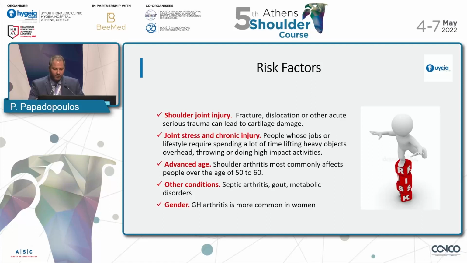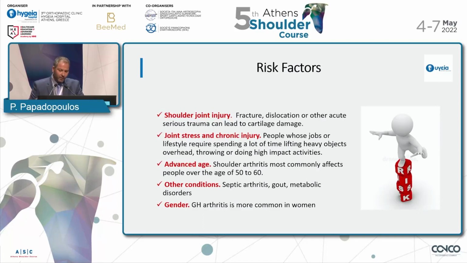The risk factors for developing arthritis are shoulder joint injury: fracture, dislocations, or other serious trauma can lead to cartilage damage. Also joint stress and overuse. People whose activities and jobs require spending a lot of time lifting heavy objects, overhead activities, throwing, or doing high impact activities.